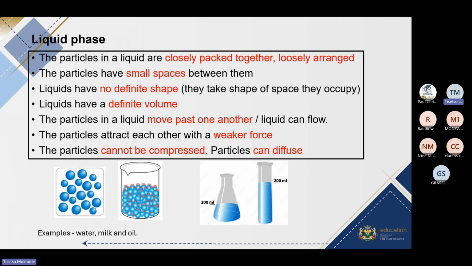For example, if you pour 200 ml of a liquid into a volumetric flask like this, and then transfer the same amount into a test tube, still the 200 ml, you see that the shape of the liquid does not stay the same when you put it in a different container, because the liquid particles will move to occupy the container. So liquids don't have a specific shape like solids.